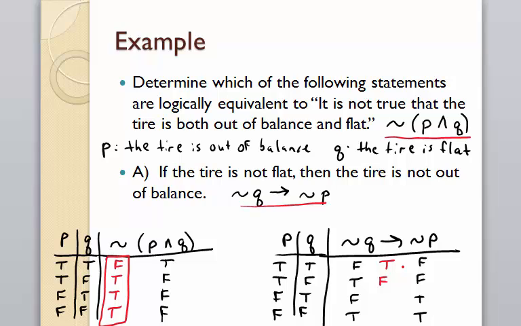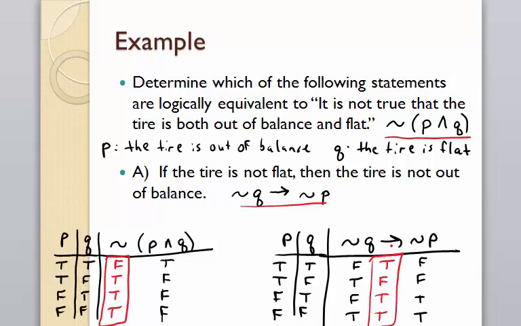If the first one is false and the second one is true, the condition is true. And if the first one is true and the second one is true, the condition is also true. So this is our answer for our second truth table.